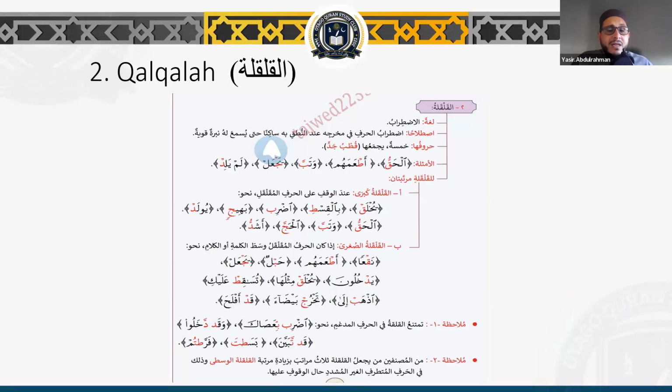The difference is the minute I move my jaw with it, rather than just the articulation point, then I'm adding a fatha. Kasab: now I'm just moving from the articulation point. The other one is kasaba: I am adding voice and I'm moving my jaw.